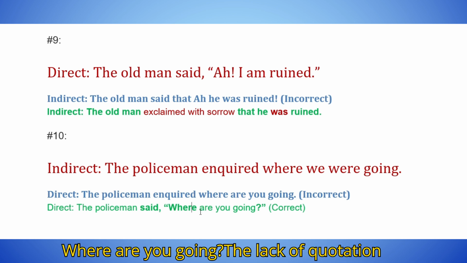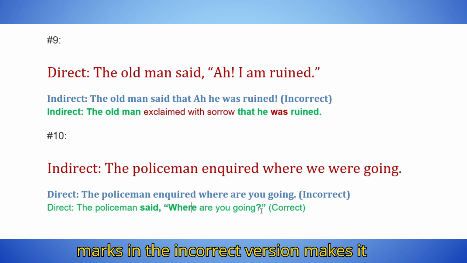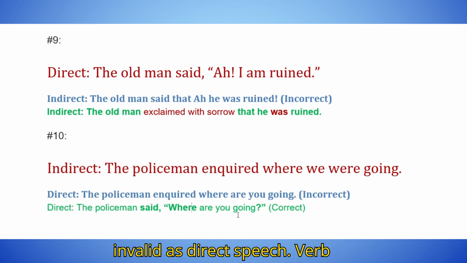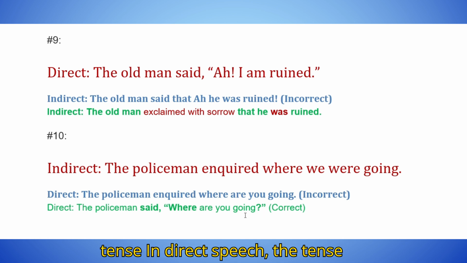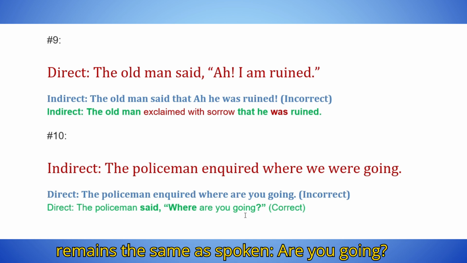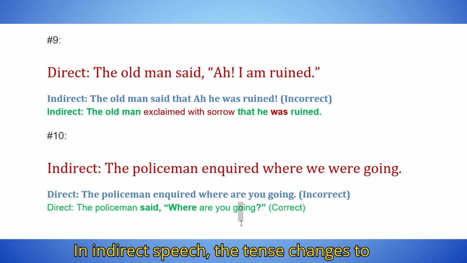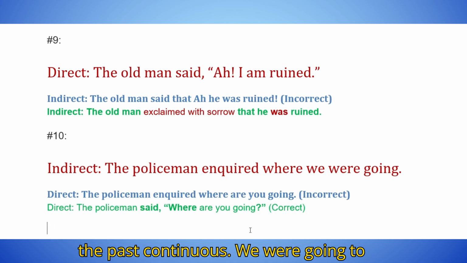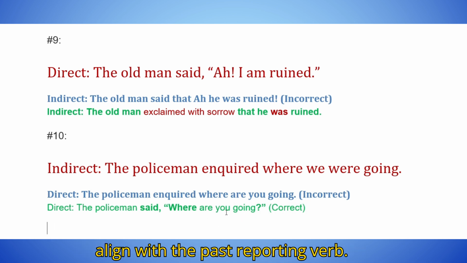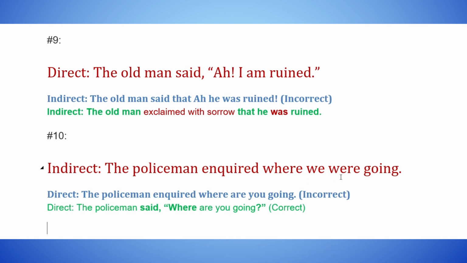Example: "Where are you going?" The lack of quotation marks in the incorrect version makes it invalid as direct speech. Verb tense: in direct speech, the tense remains the same as spoken. "Are you going?" remains in the present continuous tense. In indirect speech, the tense changes to the past continuous, "we were going," to align with the past reporting verb.